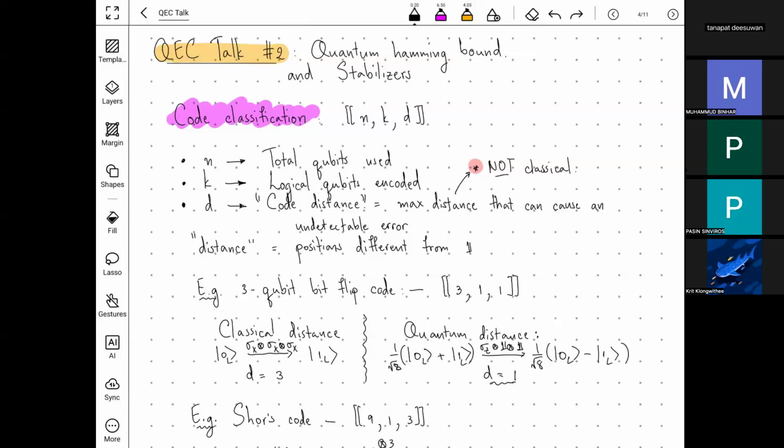So one unit of distance is one single error that occurs to your system. Let's say if you have just two qubits, and one of the two qubits flips, and then you compare that flipped qubit with the original, you say the distance is one. So it's kind of the number of basic operations that you need to do in order to change from the original state to the final state. Yes, something like that.